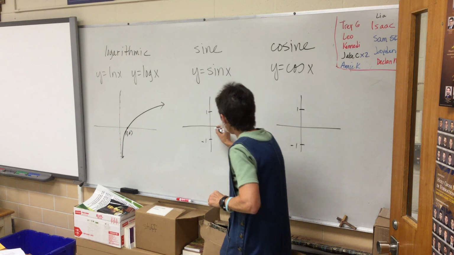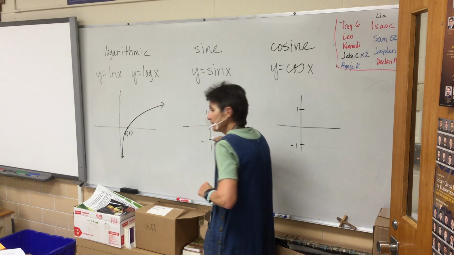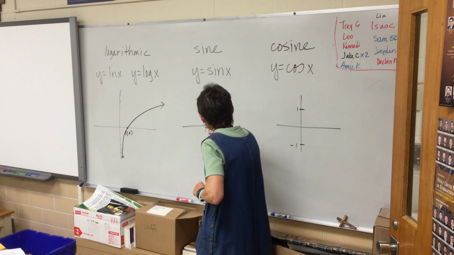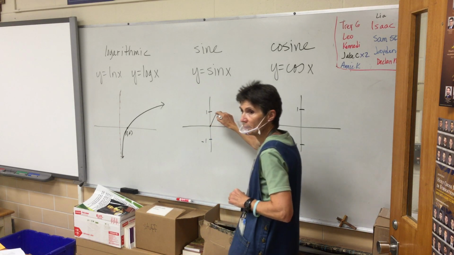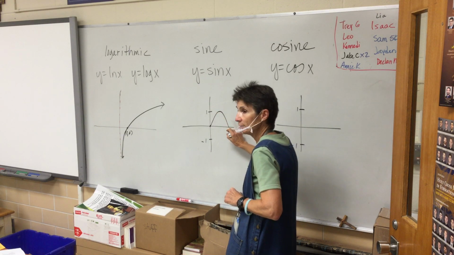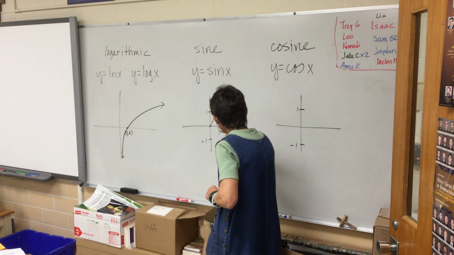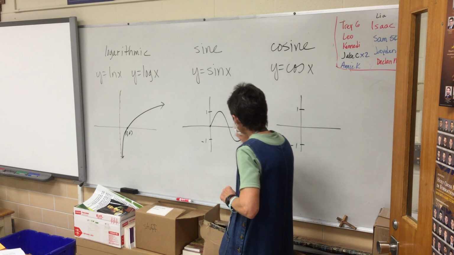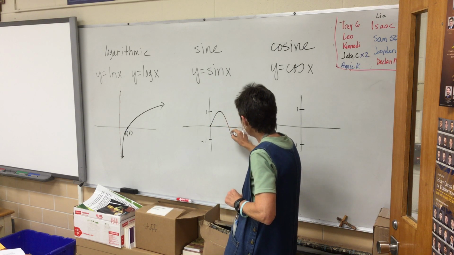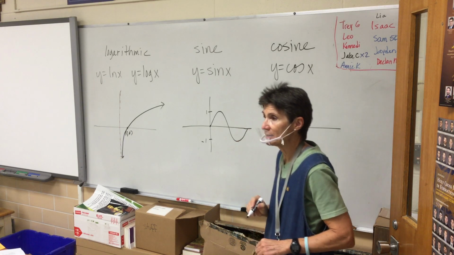Now for the sine, once you put it down at the origin, make a hill that goes up to 1. So however high you made 1, go up that high. And then make a valley the same size as your hill that goes down. So you should have a hill and a valley that are exactly the same size.